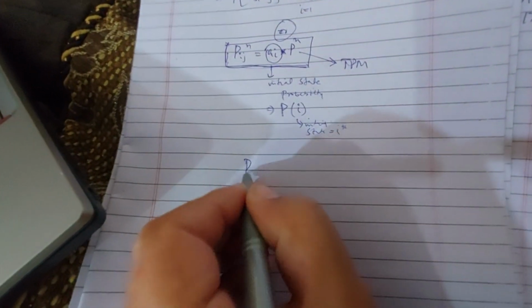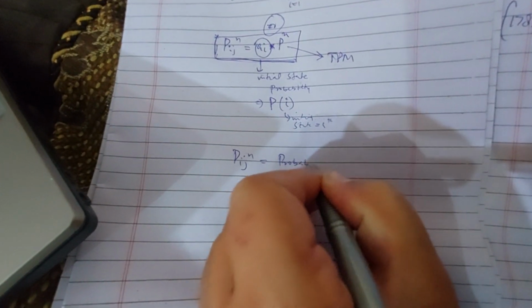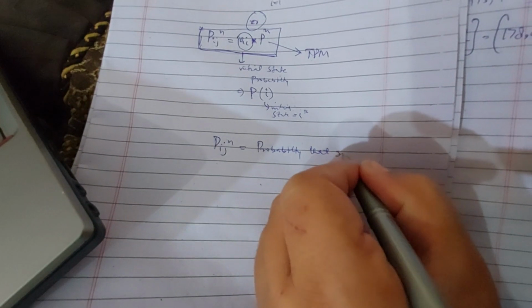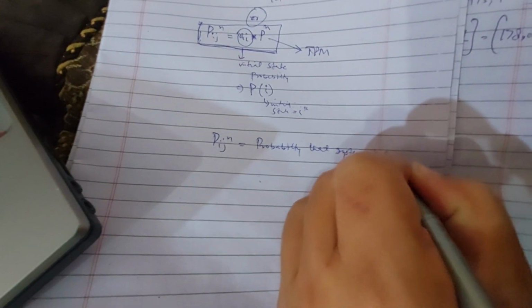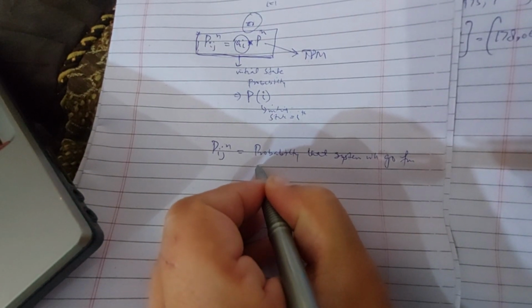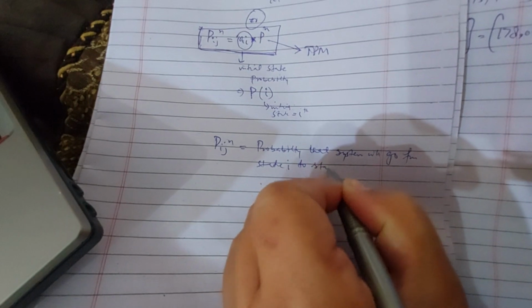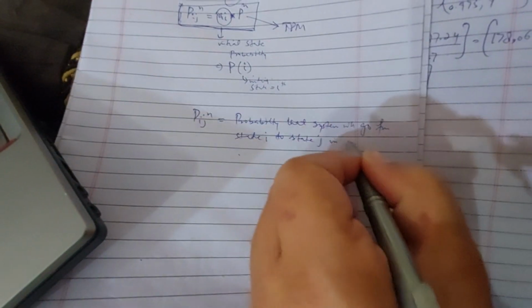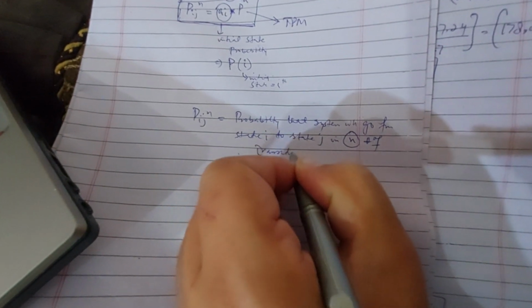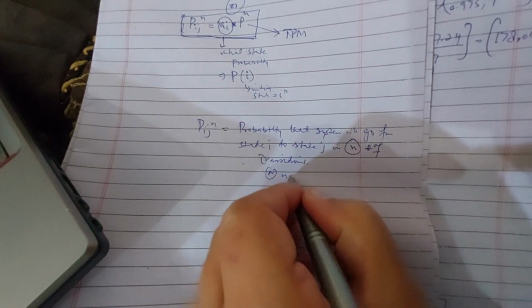Okay, and this Pij n is actually the probability that the system will transit from state I to state J in n number of transitions, or n steps.